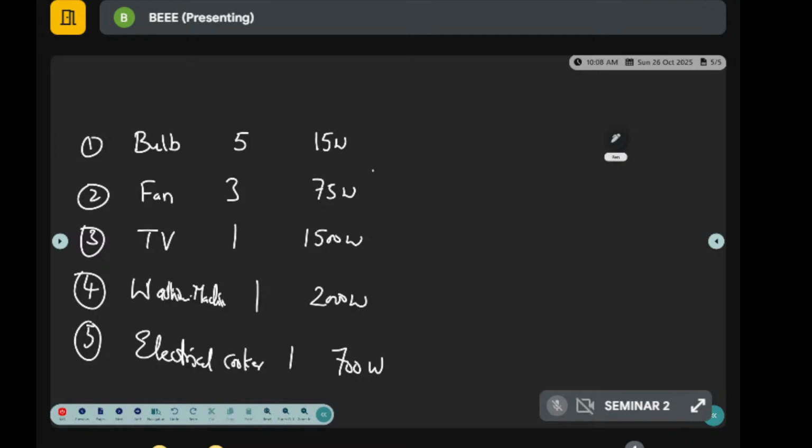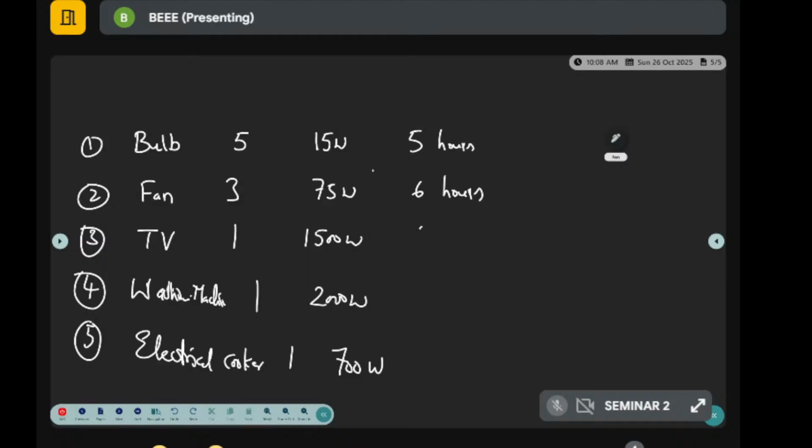Okay, then how much time we have to use? That is also given in the question. How much time we will switch on this? Generally, bulb means we will use 5 hours. Fan maybe you take 6 hours.